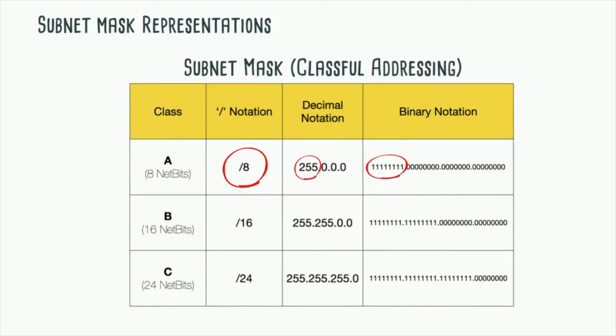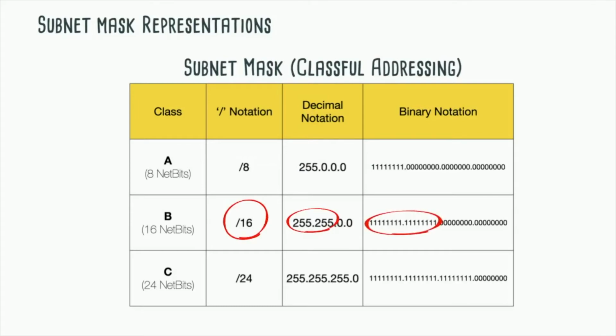Further translating this binary to decimal notation, we have the value 255 in the first octet. For the /16 mask, the first 16 bits are used as the network bits. Equivalently, the first 2 octets are all set to 1 in binary notation, and we get 255.255.0.0 in decimal notation.